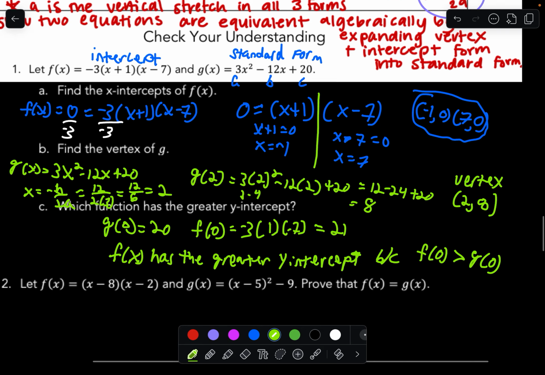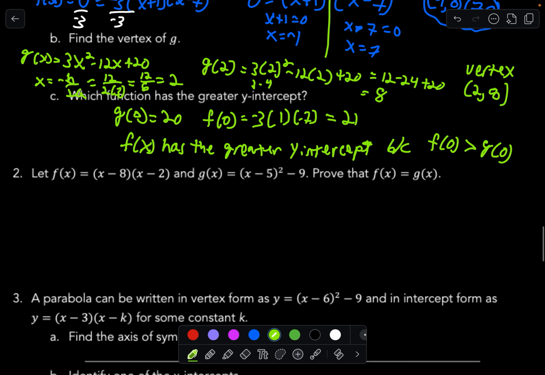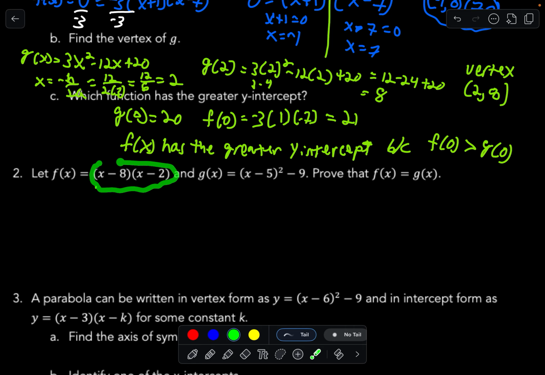All right? Now, let's look at problem number 2. They give you f of x in intercept form, x minus 8 times x minus 2. And then they gave you g of x written in vertex form, and they want you to show that f of x equals g of x. To do that, we have to put both of them into standard form.